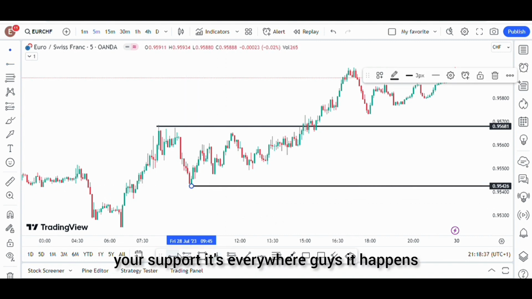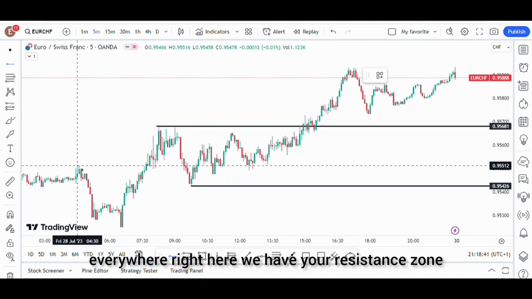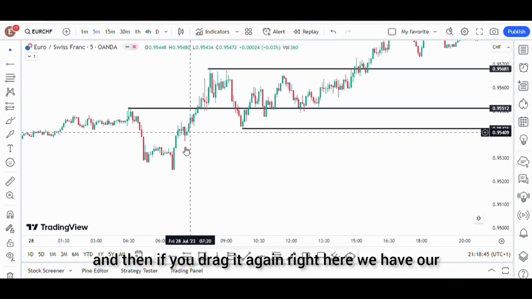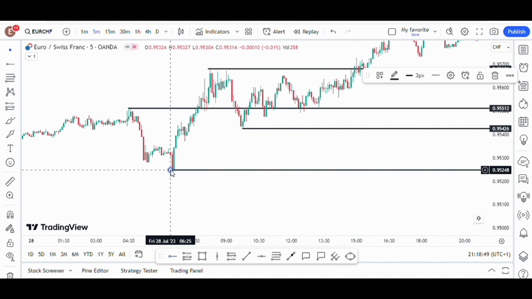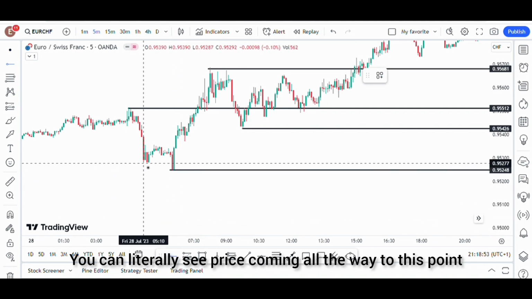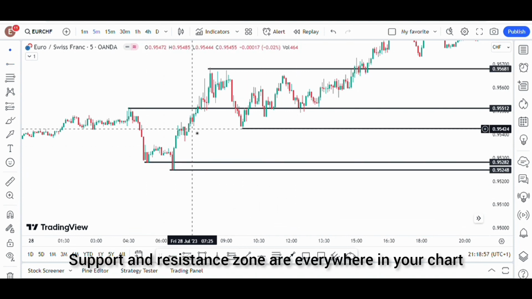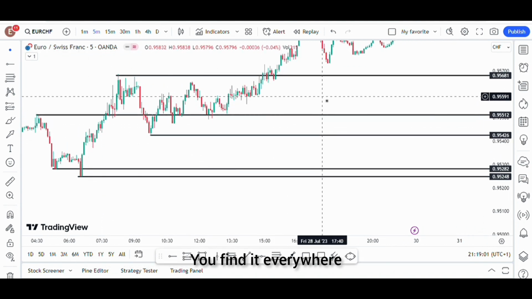Your support, it's everywhere, it happens everywhere. Right here we have your resistance zone, and then if you drag it again, right here we have our support zone. You can literally see price coming all the way to this point and then it reacts. Support and resistance zones are everywhere in your chart, you find them everywhere.